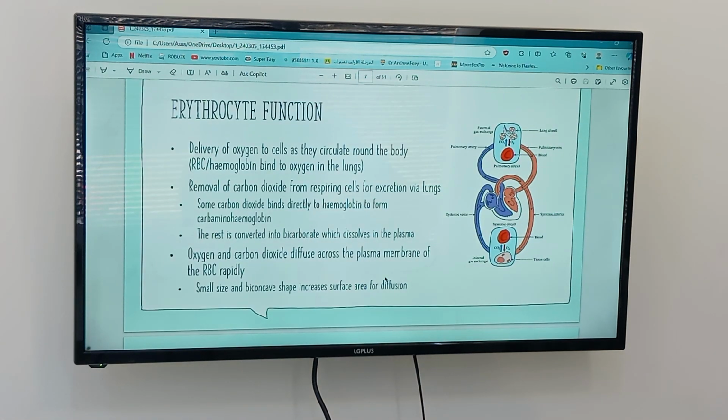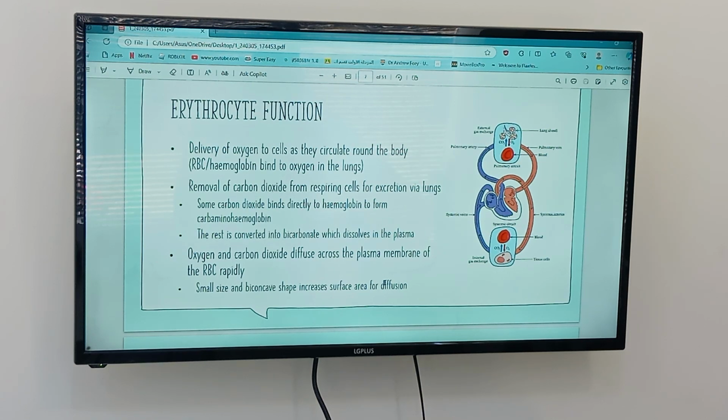What is the function of the erythrocytes? As we said before, it's the delivery of oxygen and circulating around the body. RBC hemoglobin binds to oxygen, as I said before, in the lungs.